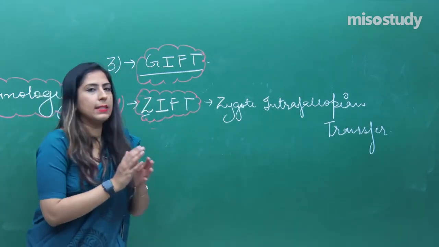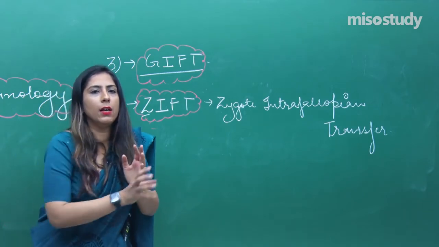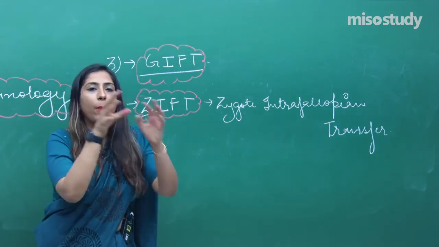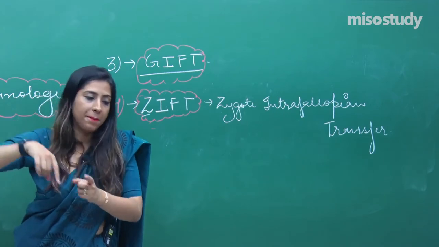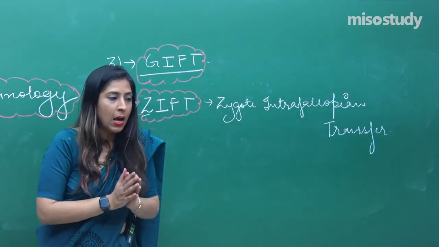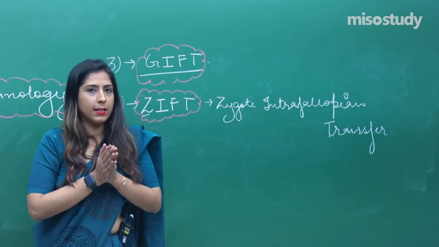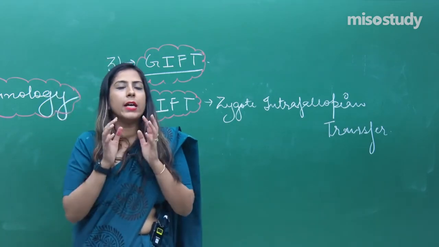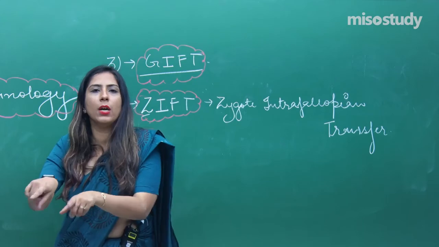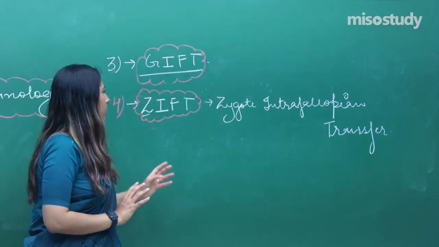In this case, the fertilized egg is made to enter either into the fallopian tube or into the uterus, depending upon which stage it is, right? Up to the 8-cell blastomere stage, it is in the fallopian tube. After the 8-cell stage, it is implanted into the uterus or in the endometrium, right, students?